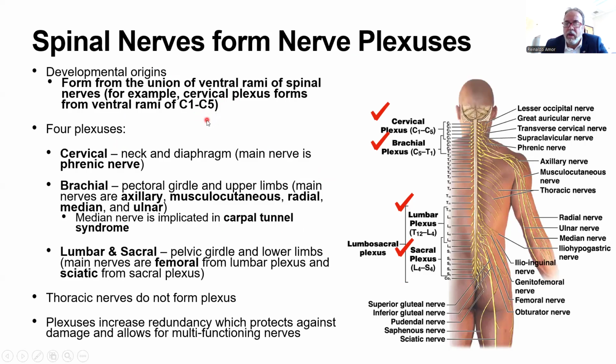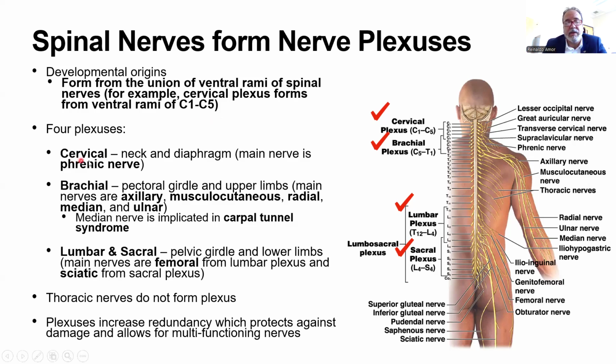You know the first cervical spinal nerve gives a dorsal ramus and a ventral ramus. So if the ventral ramus meets with C2, and C2 with C3 and so forth, but if you have a union of the ventral rami of cervical spinal nerves 1, 2, 3, 4, and 5, you form what is known as a cervical plexus.